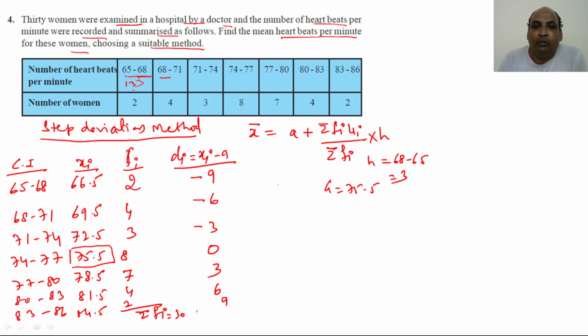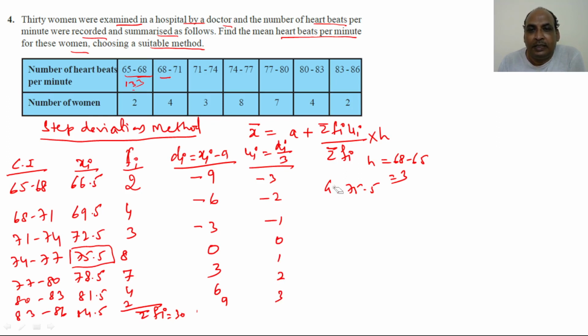Okay? Let me write here in small, 30. Di we have found. Then we will be finding ui, gentlemen. And ui is di divided by 3, the class size. Okay, so it has become minus 3, minus 2, minus 1, 0, 1, 2, 3.